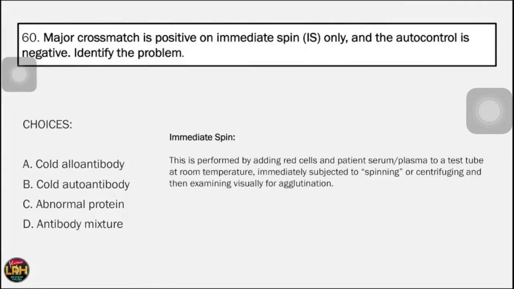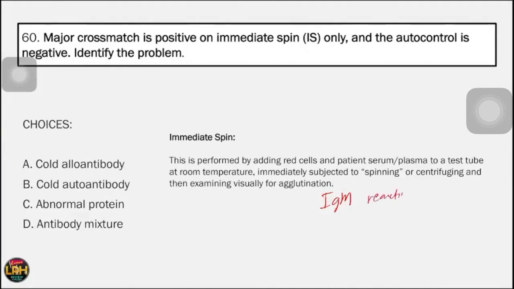So immediate spin is performed by adding red cells and patient serum or plasma to a test tube at room temperature, and then immediately subjected to spinning or centrifuging, then examined visually for agglutination. The immediate spin is very helpful in detecting IgM antibody reacting at room temperature.